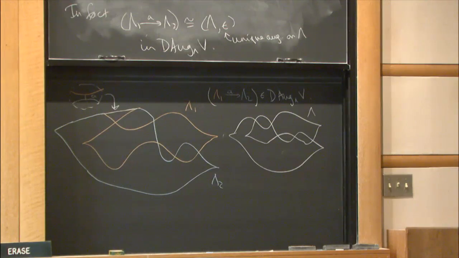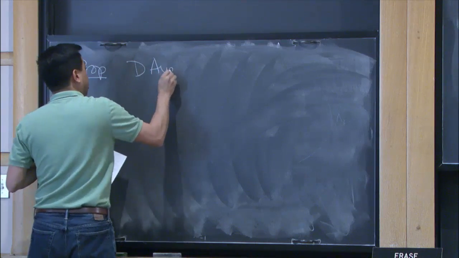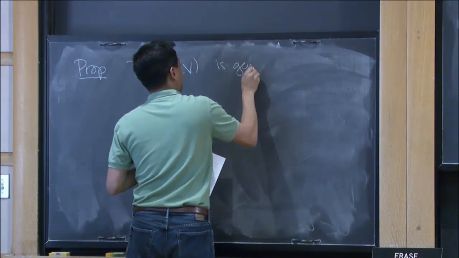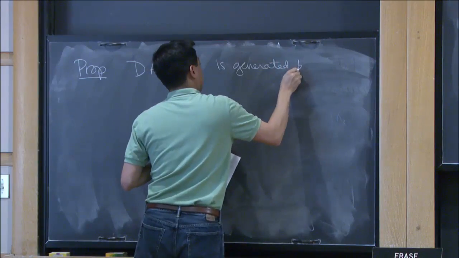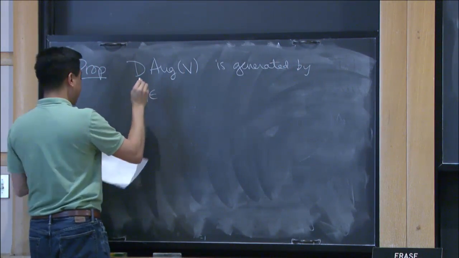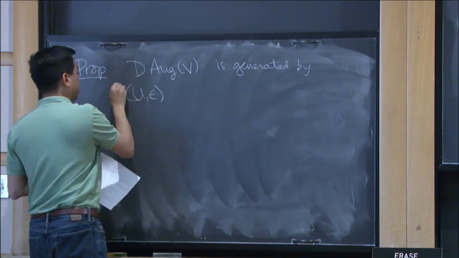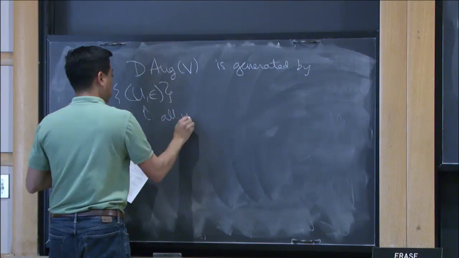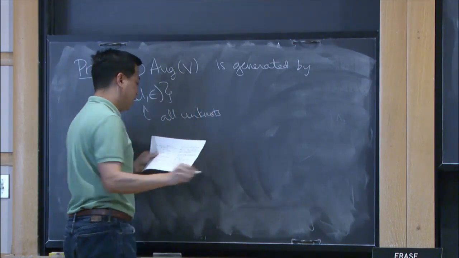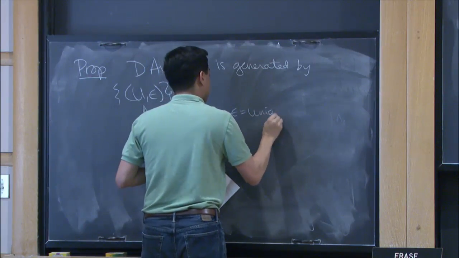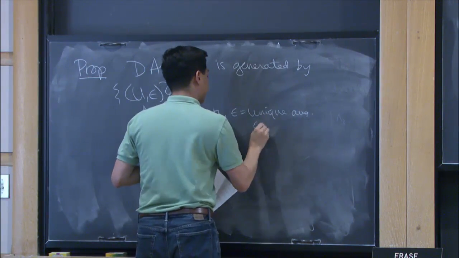So you can actually make this more general. This derived category is generated by, this is what I was trying to say, but less precisely before, all unknots. And for each unknot, there's a unique augmentation coming from a filling.